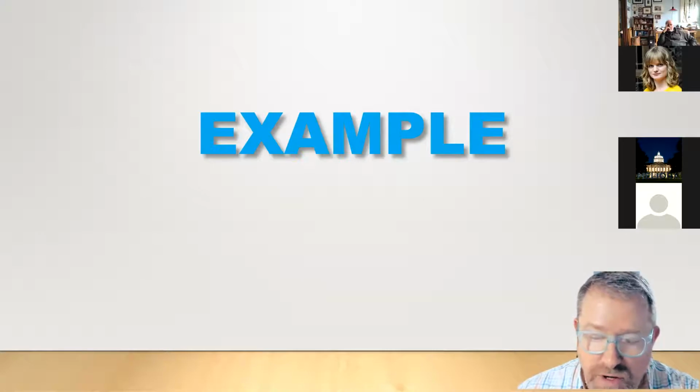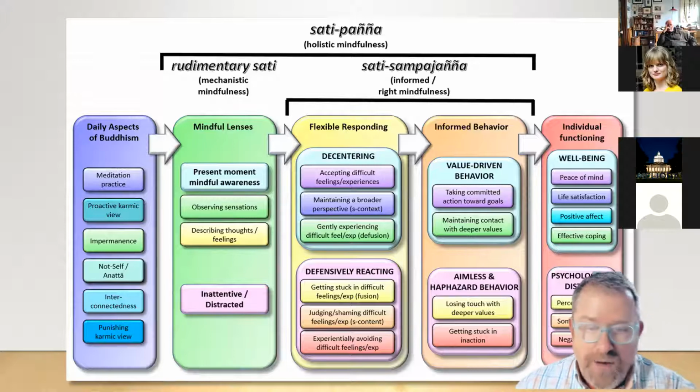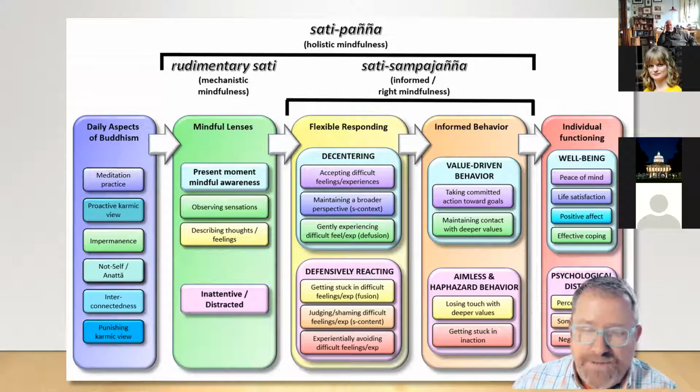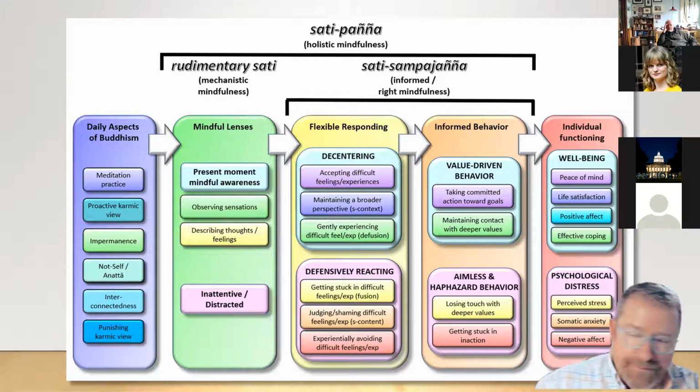So now I'm going to show you the first paper that I used network analysis on. I wanted to test this model, looking at tenets of Buddhism and how they shape mindful lenses that we view the world with, how we flexibly or inflexibly respond to aversive stimuli, how that shapes our value-driven behavior, and how that impacts individual function.